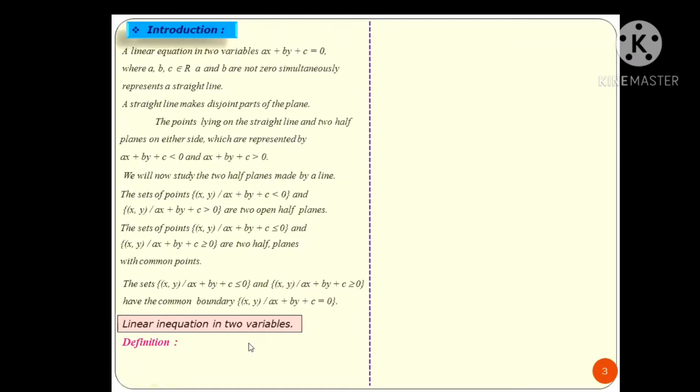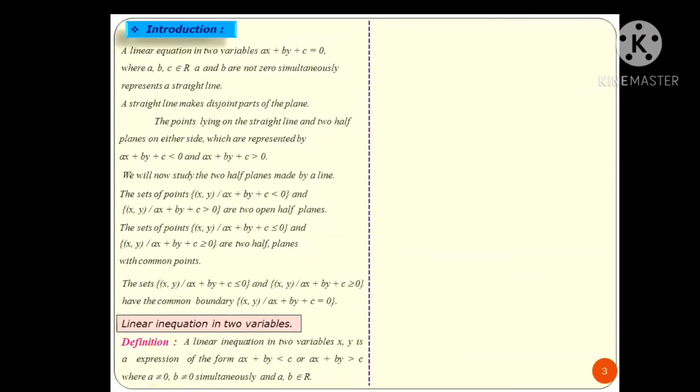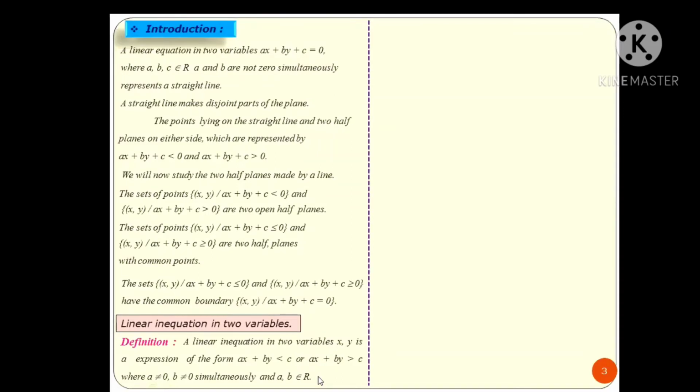So the definition is expressed as: a linear inequation in two variables x and y is an expression of the form ax plus by less than c or ax plus by greater than c, where a and b are not simultaneously 0 and a, b belong to real numbers. This is the definition of a linear inequation in two variables.